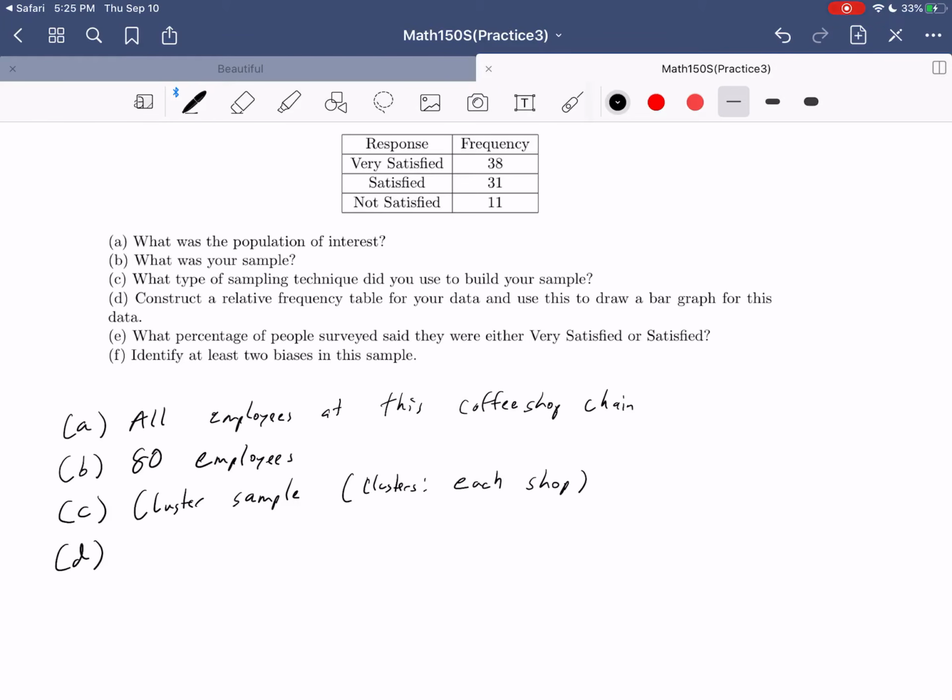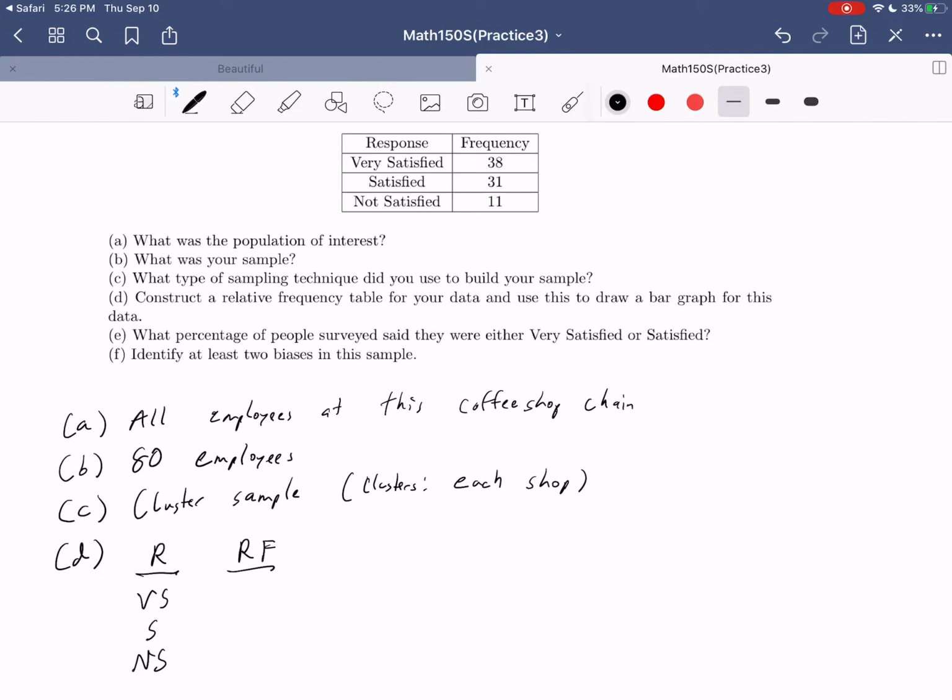All right, we're going to construct a relative frequency table and draw a bar graph for this data. That's the descriptive statistics part. Remember that to do this, we will need to divide each of these frequencies by the sample size, which is 80. So we'll have the response and the relative frequency: very satisfied, satisfied, and not satisfied.